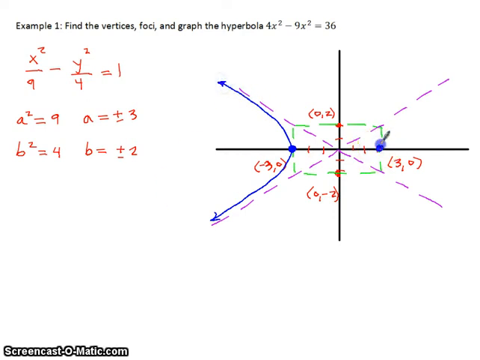Likewise on this side here, here's a vertex of the parabola. I'm going to go outward towards that asymptote, and that makes up the graph of the hyperbola.